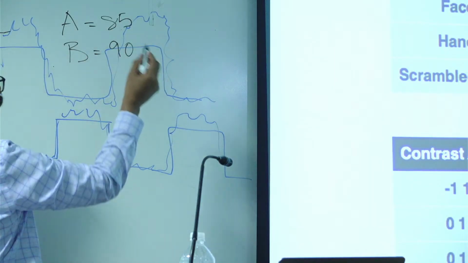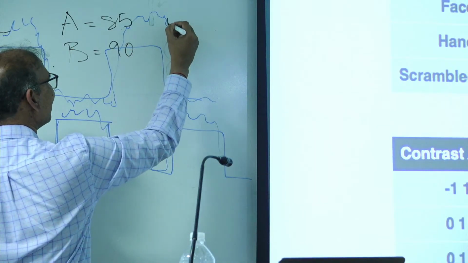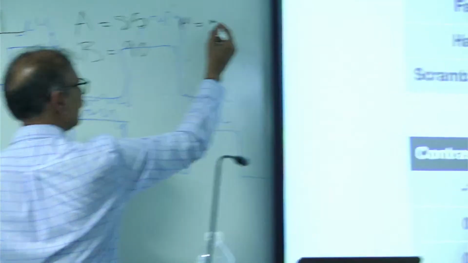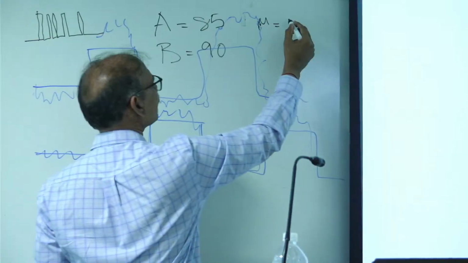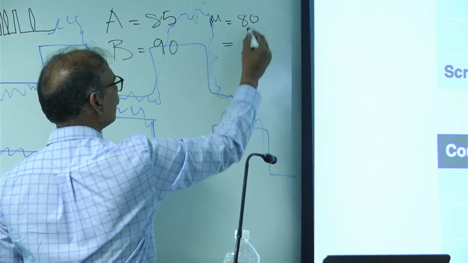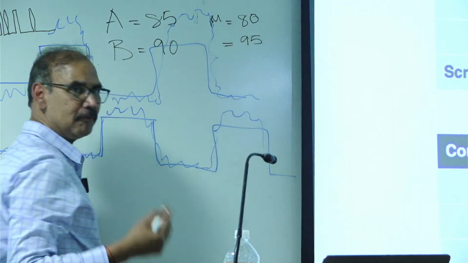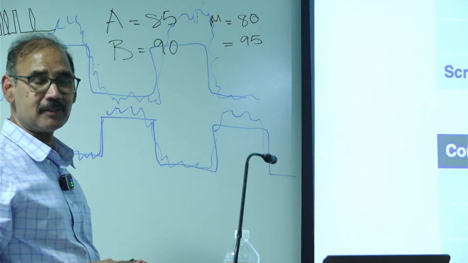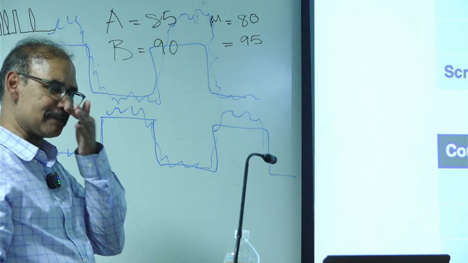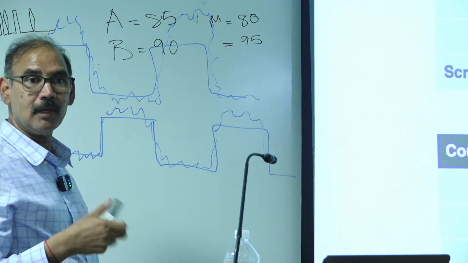And the mean, mu, is let's say 80 for the first group and the mean is 95 for the second. From this, can you tell who is a better student? Like who did better in the exam, maybe is what I mean, right? Or do you need any other variance, right?